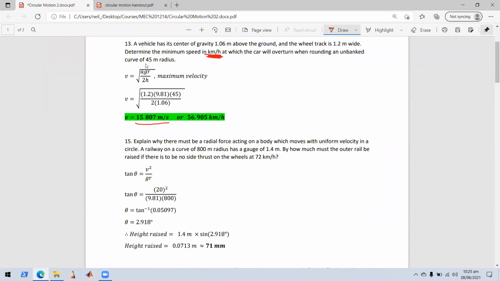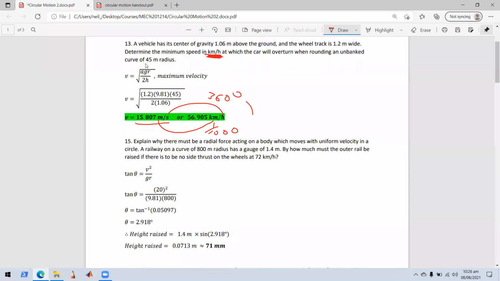In order to convert this, we're going to have to multiply by 3.6. The reason for that is that 1 second is 1/3600 of an hour and 1 meter is 1/1,000 of a kilometer.